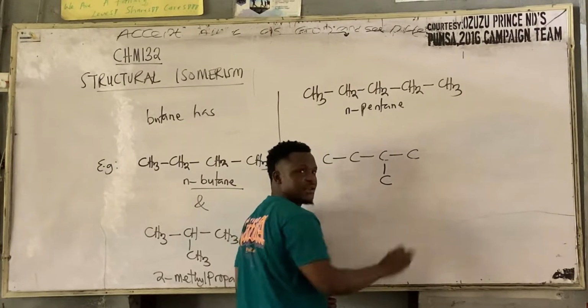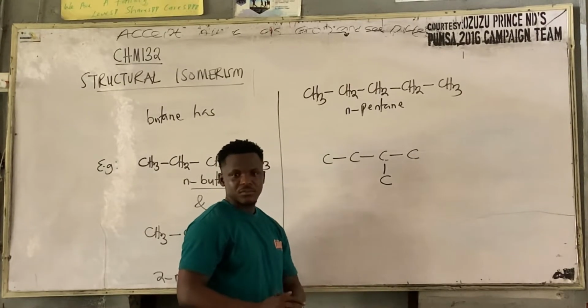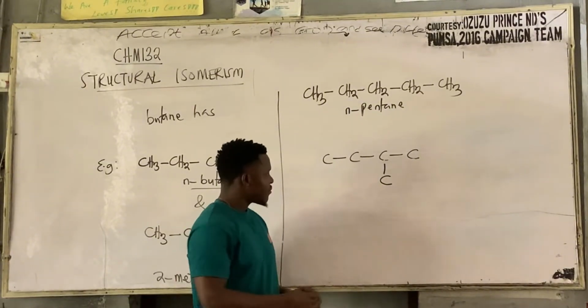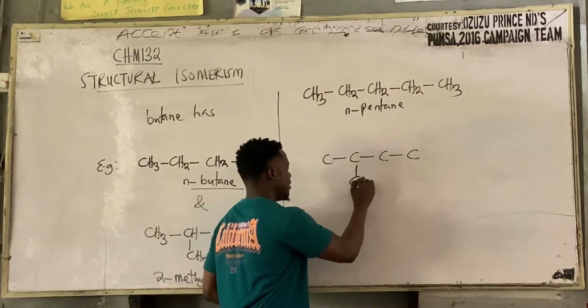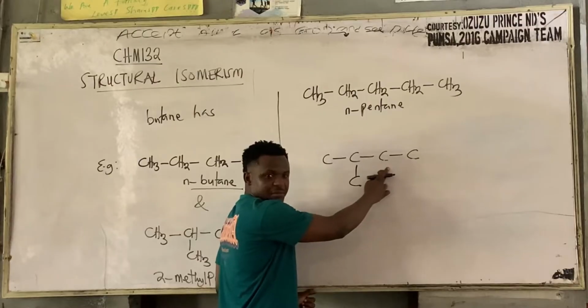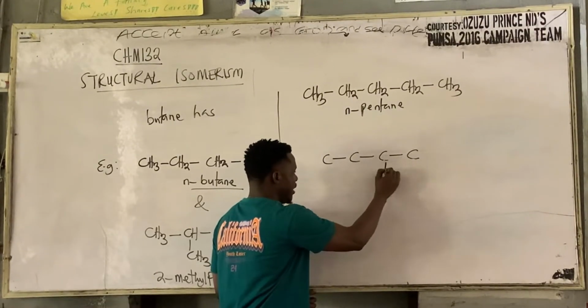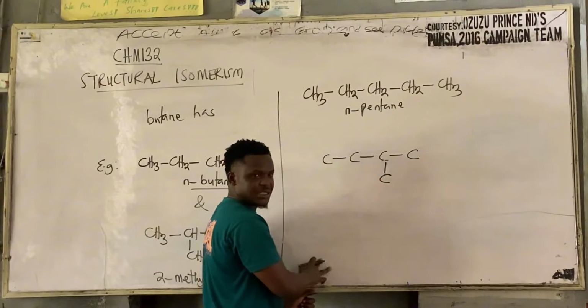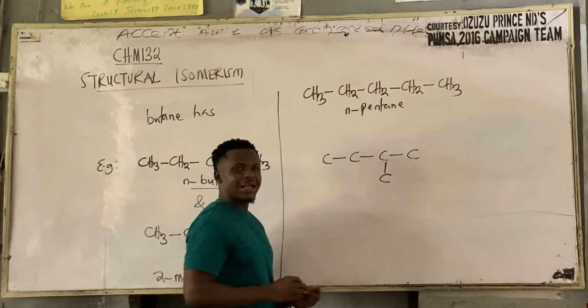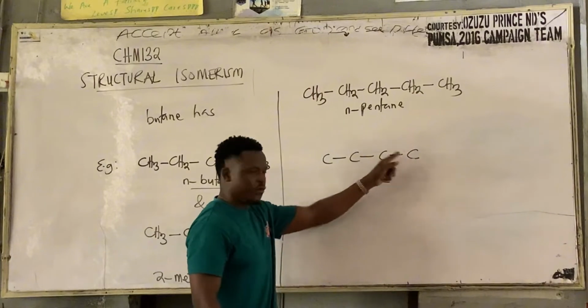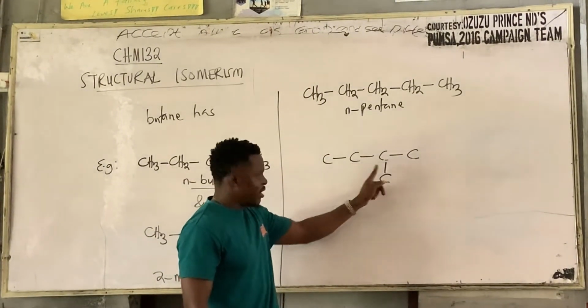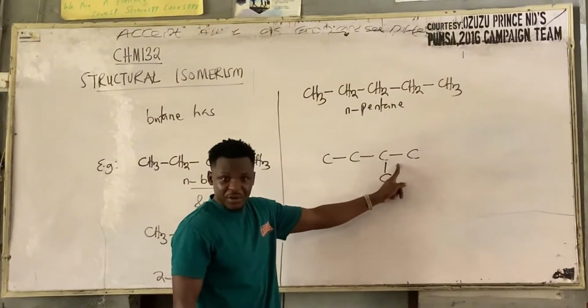If I put it here, I have something new. If I put it here, I still have the same thing. So this is a new compound, 2-methyl. I can no longer get another compound from 4 carbons from here. But if I put this here, I'm coming back to what I have here already.